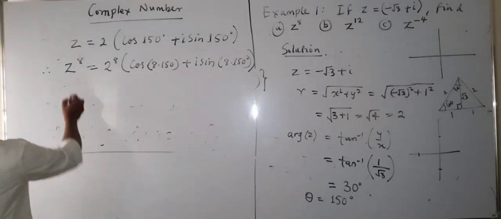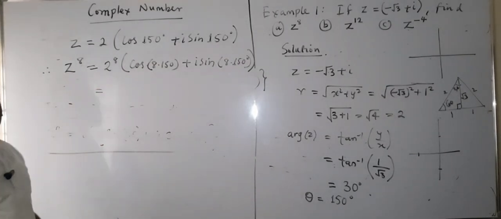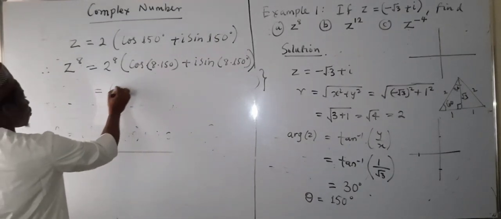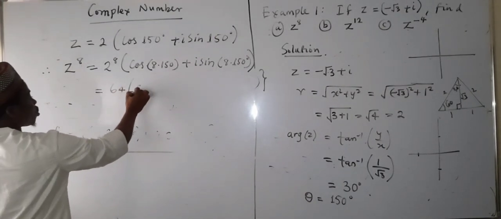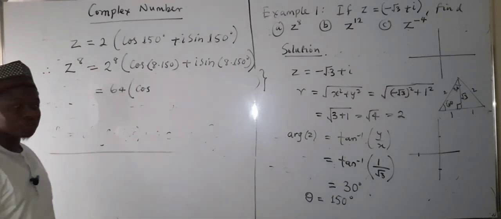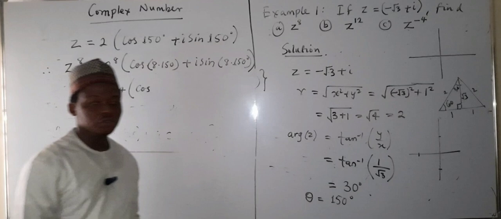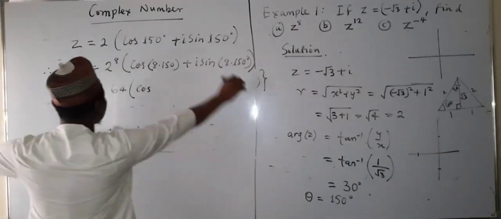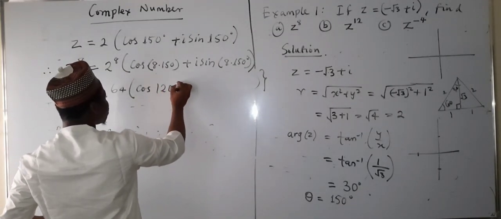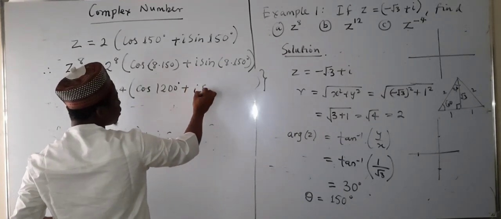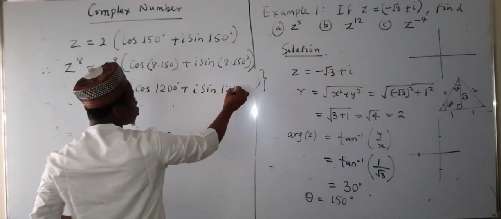So here we have 2 raised to the power of 8, which is 64. Then open bracket cos 8 times 150. That's 800 plus 400, 1,200. So 1,200 degrees plus i sin 1,200.